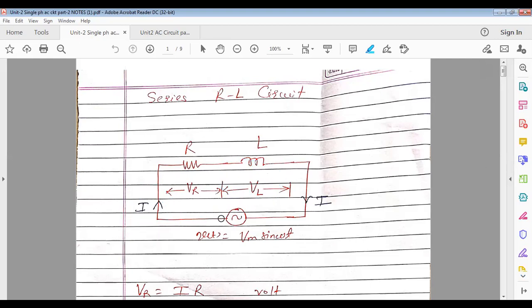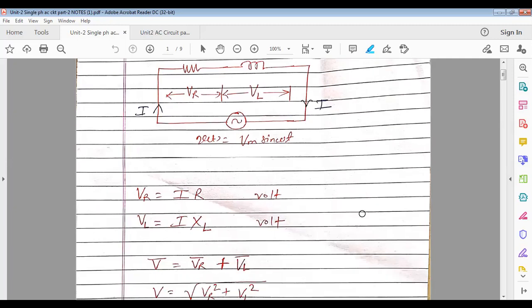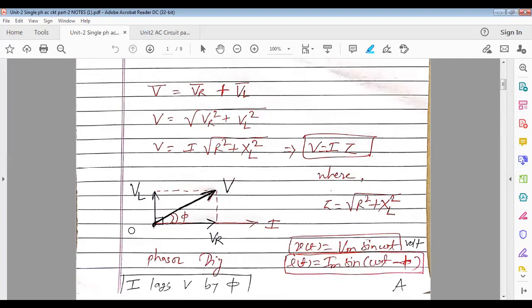It's a series circuit. Which circuit do we call series? When the current flowing through all circuit parameters is the same. That's why I am going to consider current I as the reference axis. So I'll plot current along the real axis.